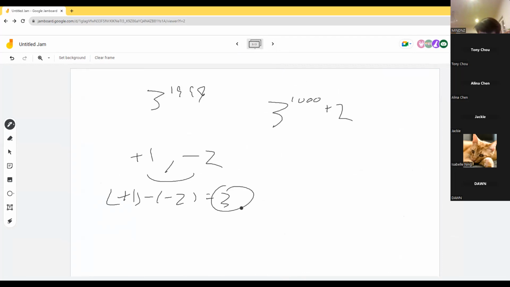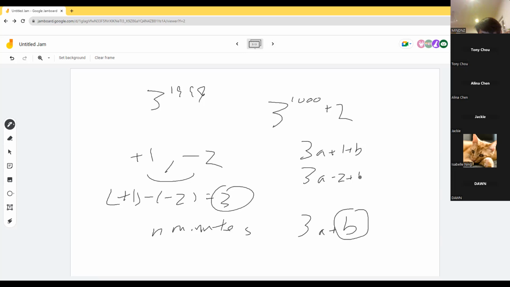So, to properly prove this, I guess you could use induction, but intuitively, after n minutes, we have 3a plus b people, where b is the remainder, so like 3a plus 1 or 2 or 0. Then the possible amounts of people we can have are 3a plus 1 plus b, or 3a minus 2 plus b.